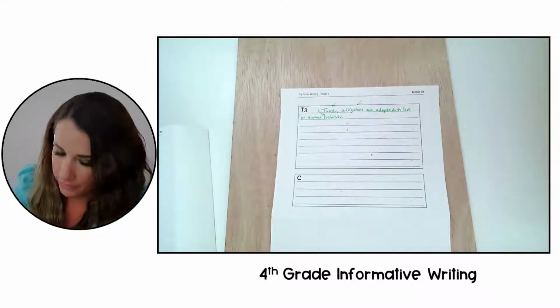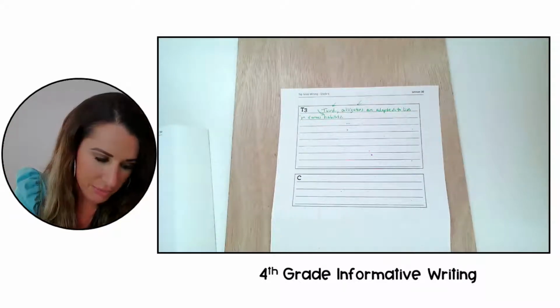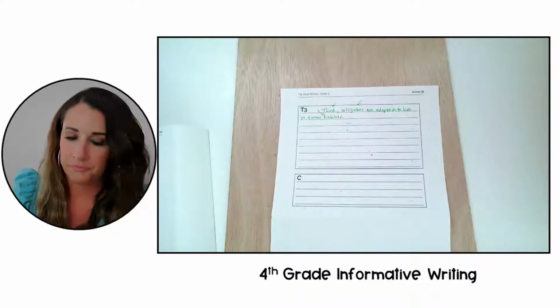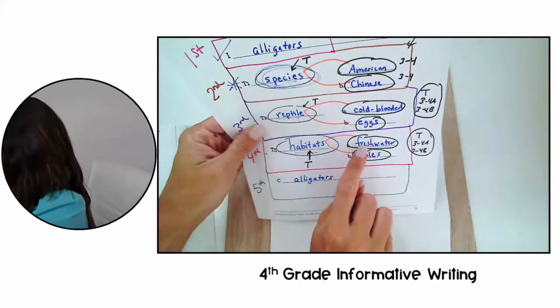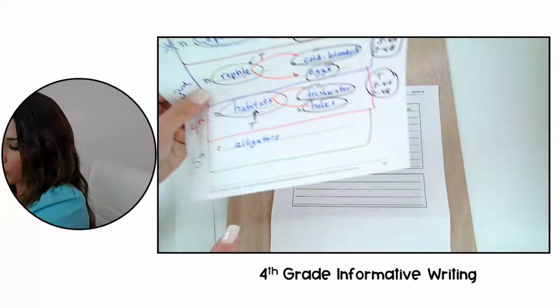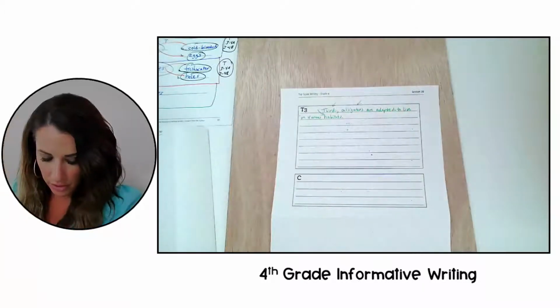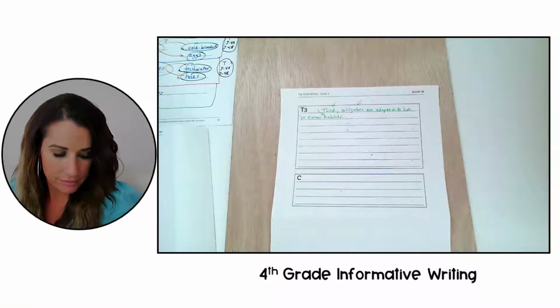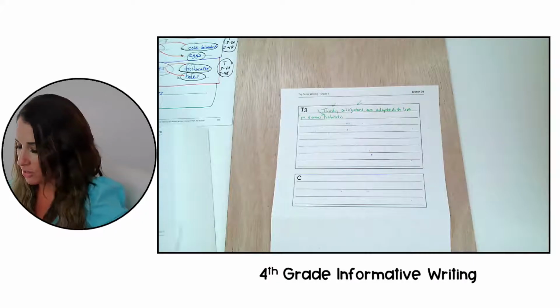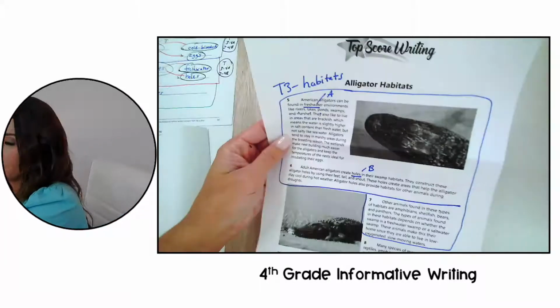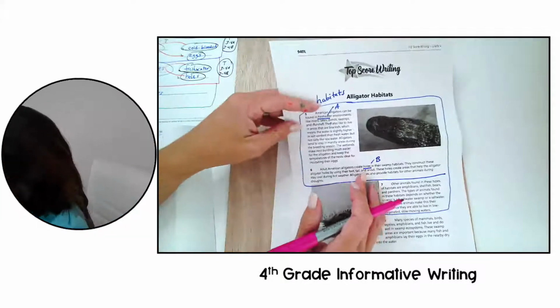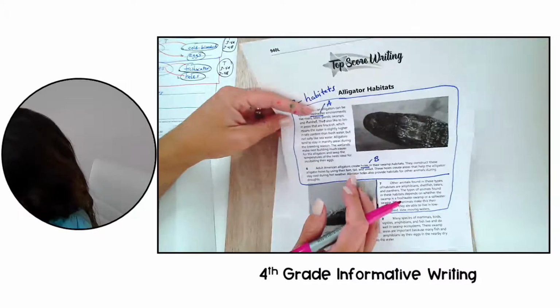Okay, so now my A, if I go back to my planning, my A is freshwater, my B is holes. So I got to talk about freshwater. So I'm going to go back where it talks about freshwater, right here.